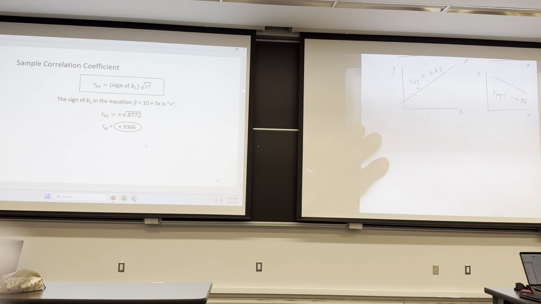The maximum value of coefficient of correlation is 1, absolute value 1. So this is close to 1, right? And over here, no relationship.